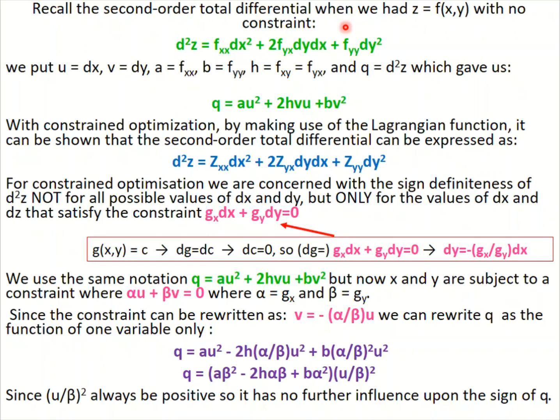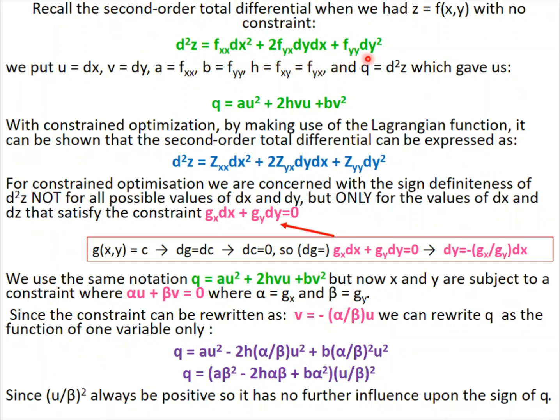When we were working with optimization problems where we didn't have a constraint, we would work out our second order total differential, and we would find that it would be in this form that we see here.